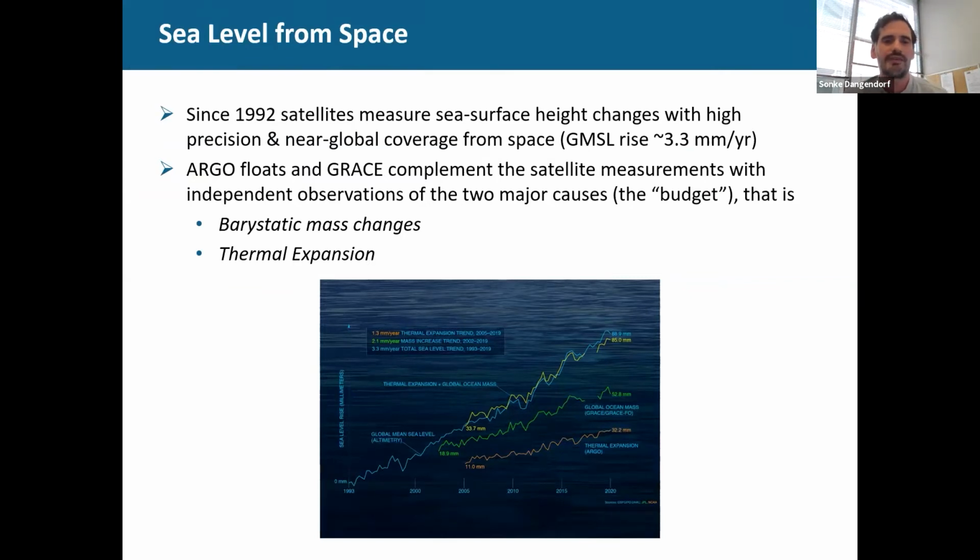Nowadays, since 1992, we are able to measure sea level changes from space. Since 1992, satellites measure sea surface height with a very high precision and near global coverage from space. The global mean record of these measurements is shown in this plot from NOAA below, the blue curve.